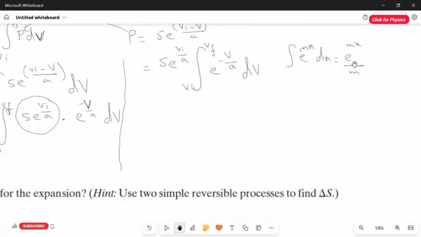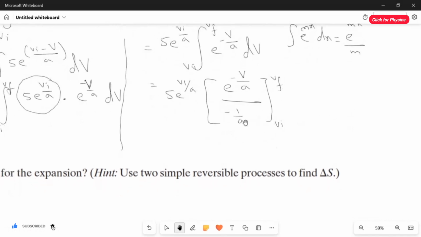Clear? If you apply this rule to this integration part, what we will get? We will get 5 e power VI over A, and here when you apply this rule, we will get e power minus V over A, right, over minus 1 over A, and then the limit VI VF. Clear?